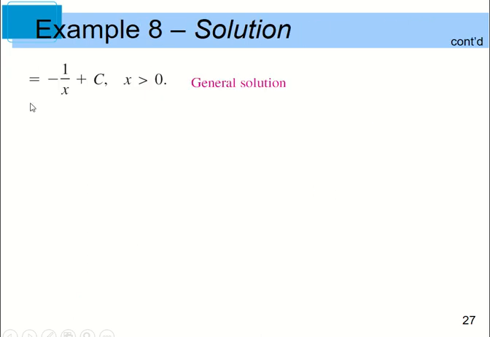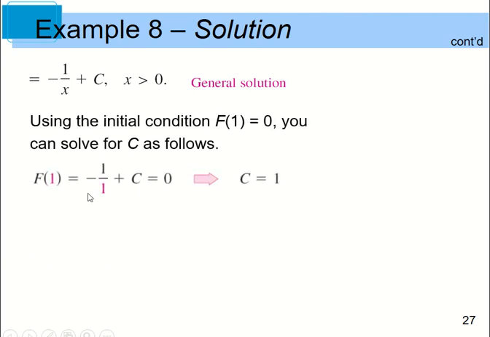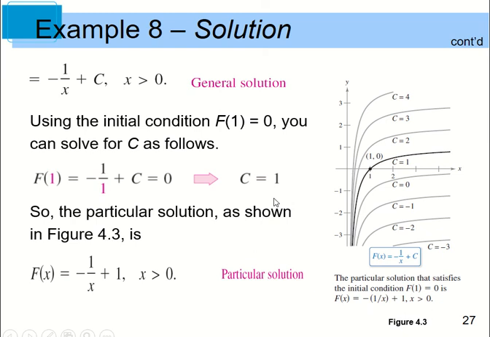So we substitute into the function: when x is 1, y is 0. Solving this equation, we get c is 1. Now we have a particular solution: negative 1 over x plus 1, where x should be more than 0, as given by the question itself.